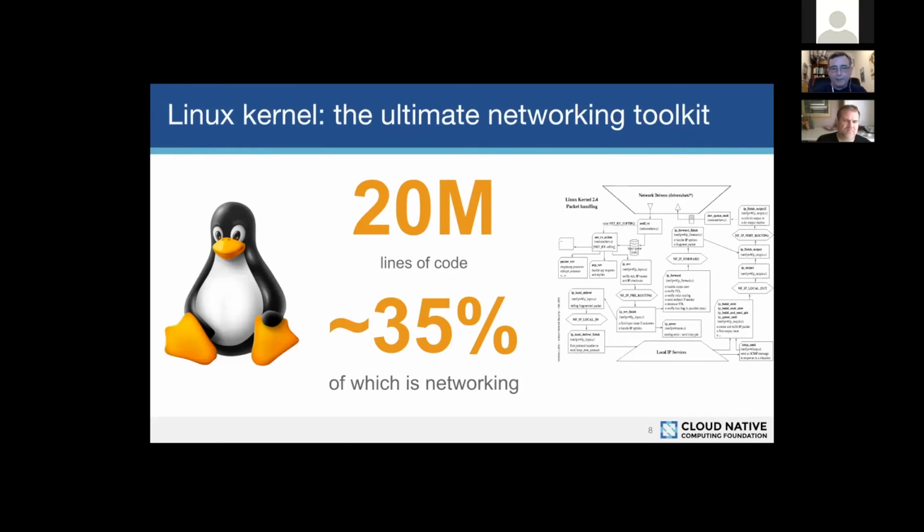People have been building routers and firewalls and all kinds of network devices for decades on Linux, and it's immensely powerful. A lot of facilities. So basically, from the point of view of someone wanting to invent a container network, it's really putting together facilities that are already there in the Linux kernel.